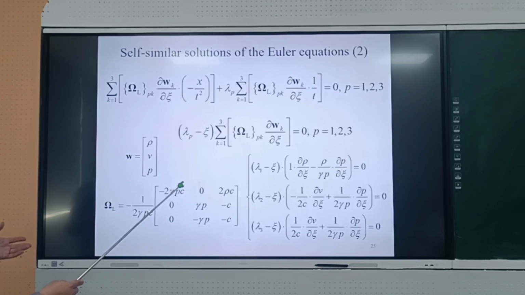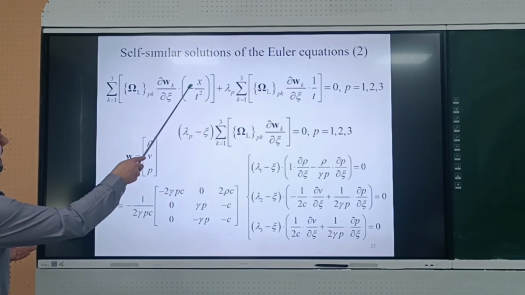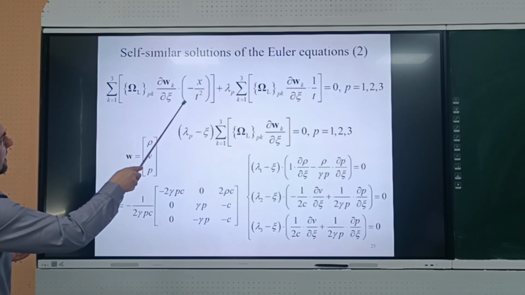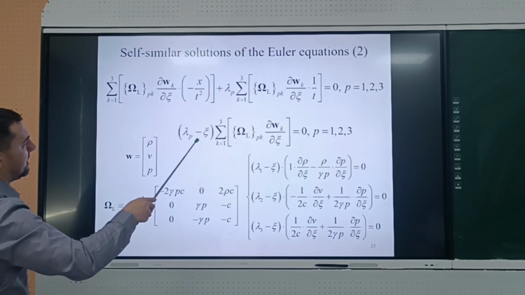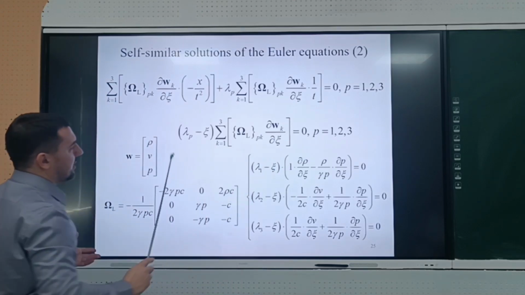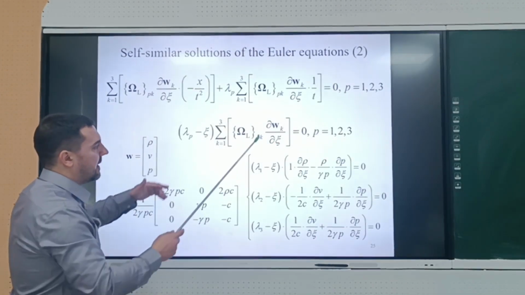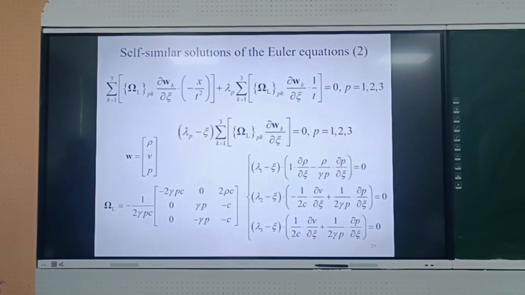Here we should multiply by t, and here we have x over t, which is psi, right? And here we have lambda p minus psi. So the compatibility conditions for the self-similar case are more compact, and they are simpler. And now we can solve this system of equations.